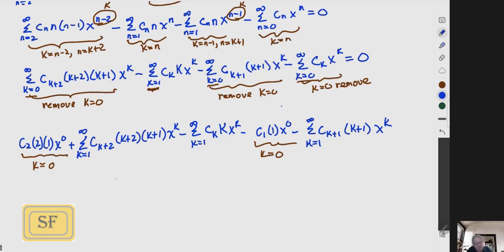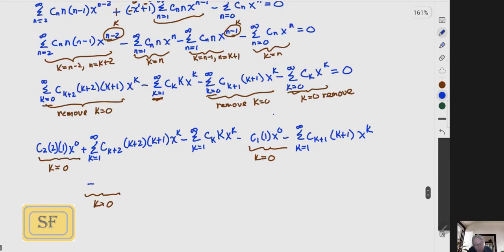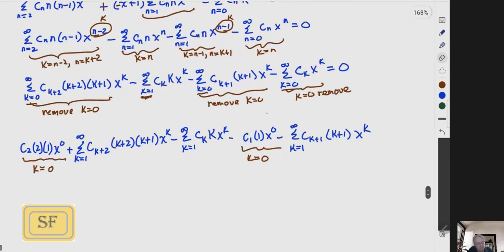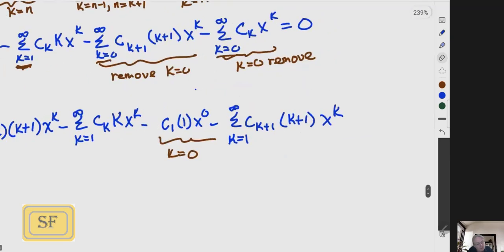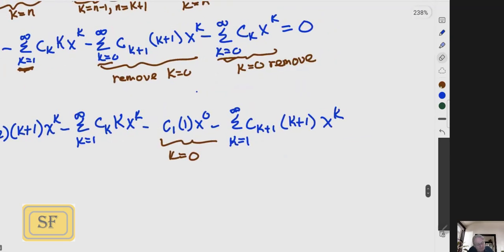And then I'll start down here for my last term. I've got another k equals 0 term, and that's going to be minus c sub 0 x to the 0.